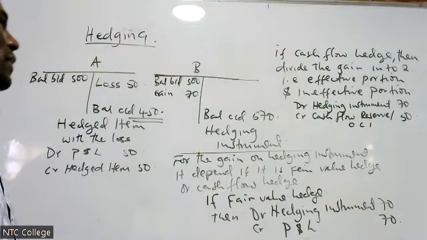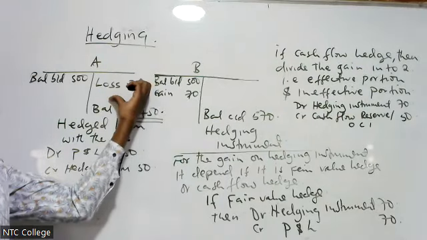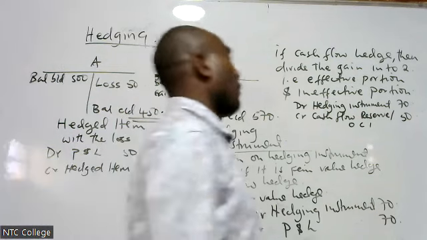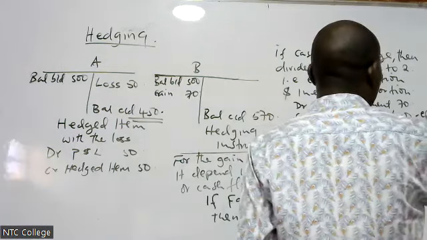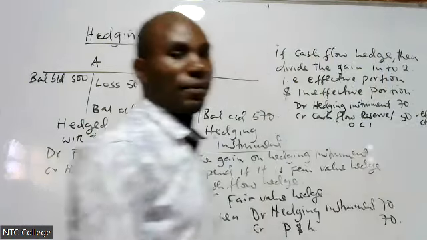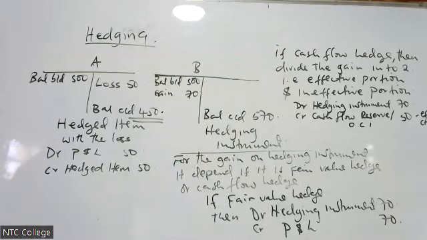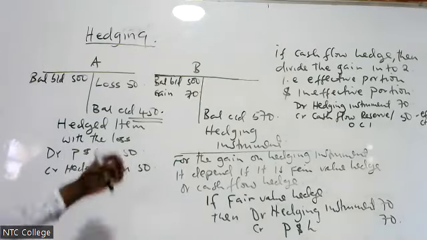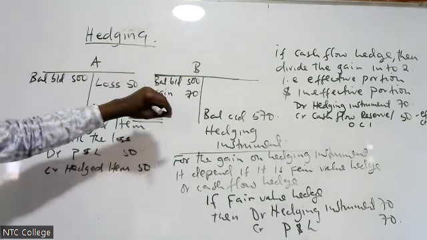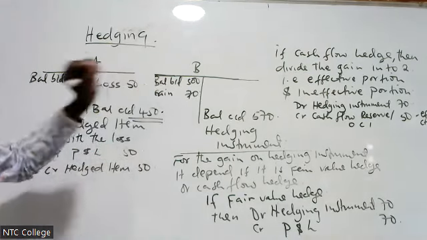Where am I getting 50? Remember, the loss on my hedged item was 50. That one we call the effective portion, the total loss that I made on my hedged item, which we are offsetting.